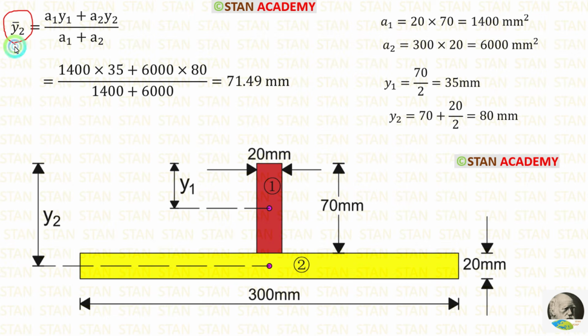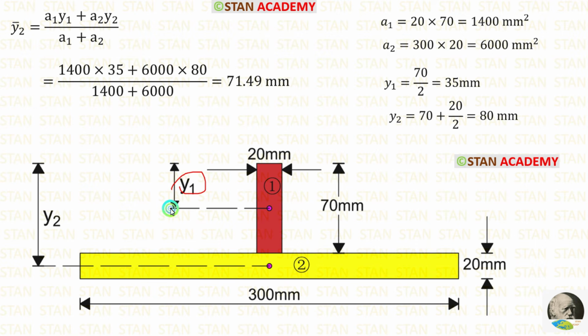We have to calculate y2 bar from the equal axis. Let us keep web as 1 and the flange as 2. Area 1 is equal to 20 into 70. We will get 1400 mm square. Area 2 is equal to 300 into 20. We will get 6000 mm square.